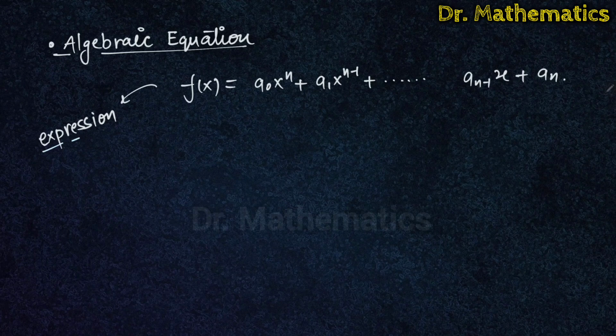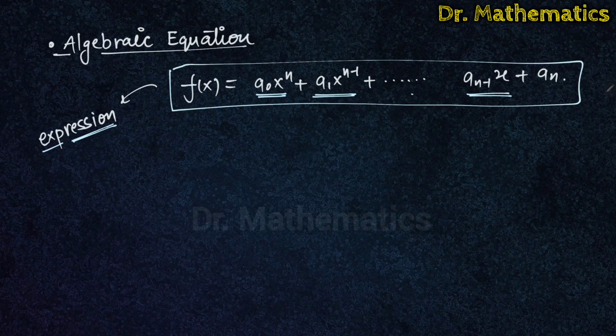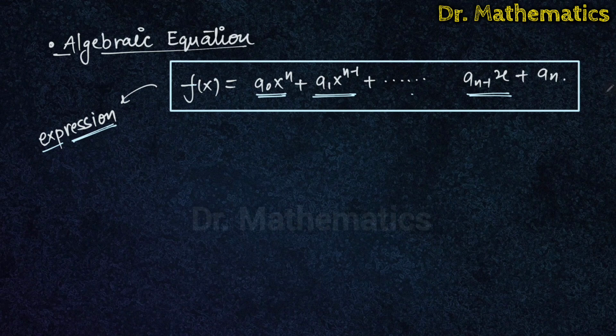Here is an expression in front of you: f of x is equal to a naught x to the power n plus a1 x to the power n minus 1 plus, and so on, up to a n minus 1 x plus an. This is the equation written in front of you. Can you tell me what type of equation it is? Yes, you are correct. This is a type of expression which we call the algebraic equation.